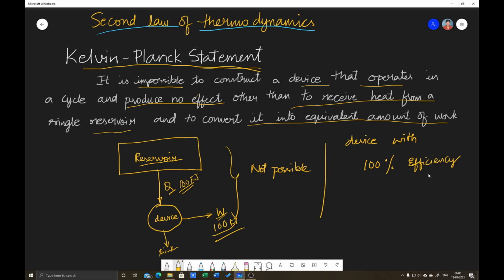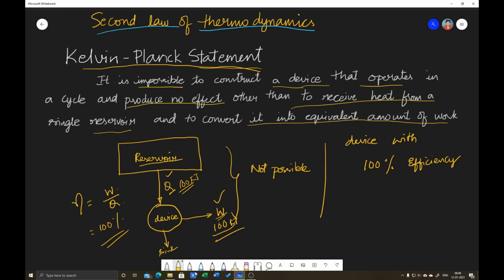Why is he saying 100% efficiency? For this device, the efficiency is work output by heat input. Output is work, input is heat. If these two are equal, it means 100% efficiency, which is not possible according to Kelvin-Planck statement.